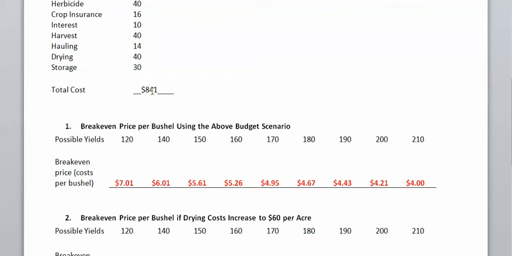So what we're going to do is take that $841 and divide it by 120 bushels, 140 bushels, 150 bushels, 160 bushels, etc., etc. So that you can see the difference in our cost of production as our production per acre goes up.